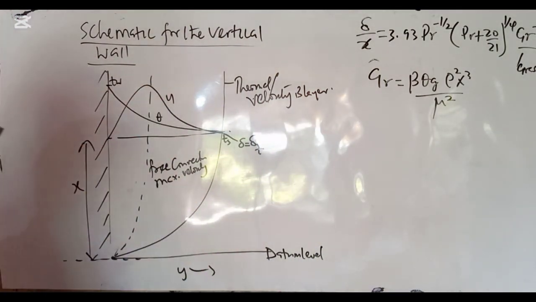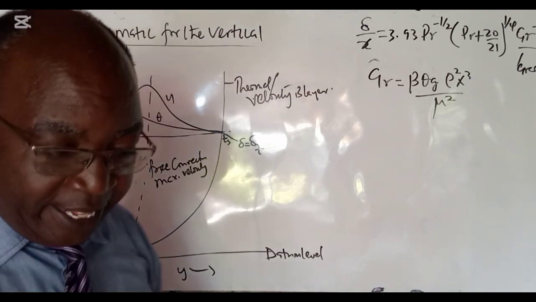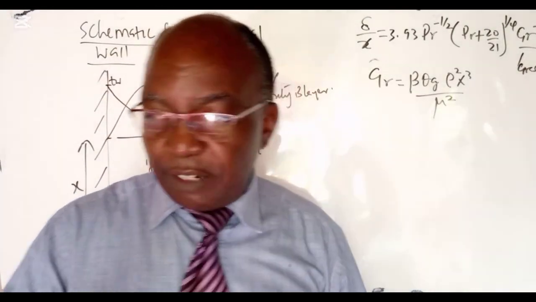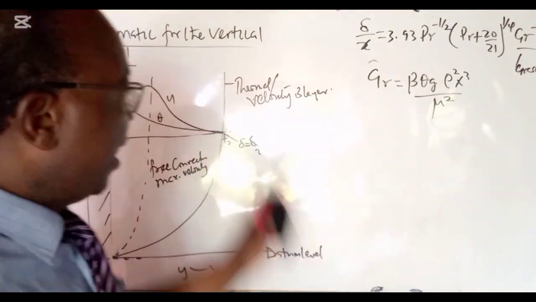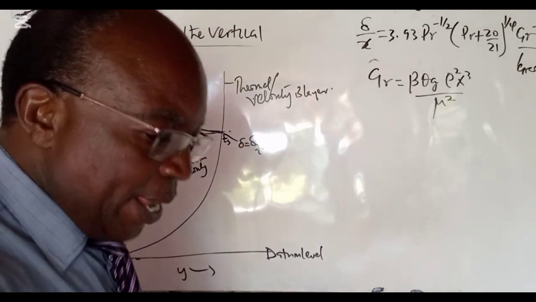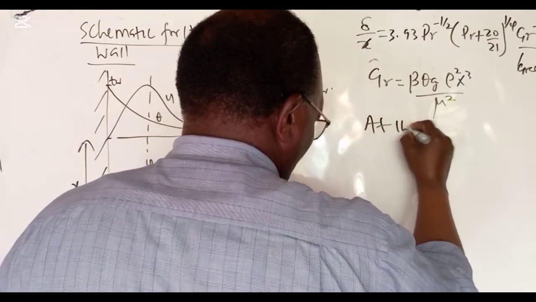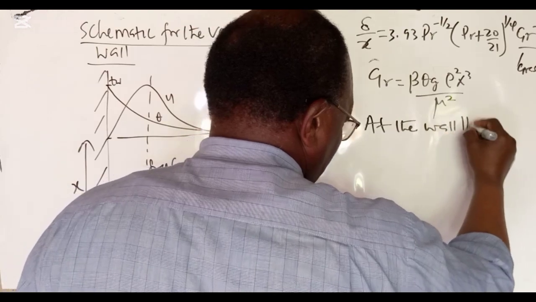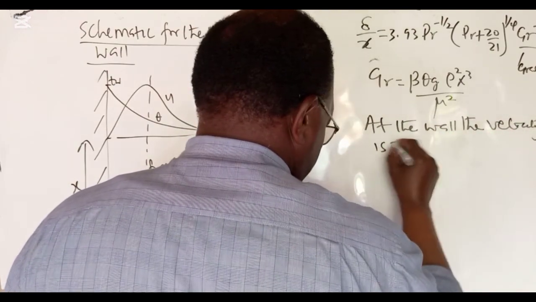And so at the wall, that layer at the wall, there's no slip, so the velocity, like we have said, is zero, and then moves on up to where we have the free stream velocity and so forth. Now, we are saying that at the wall, the velocity is zero.